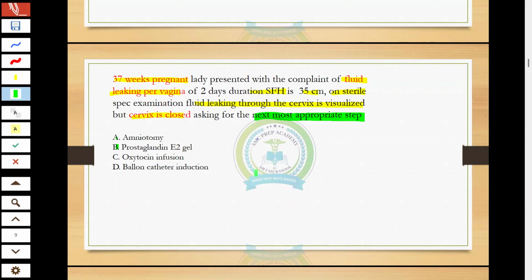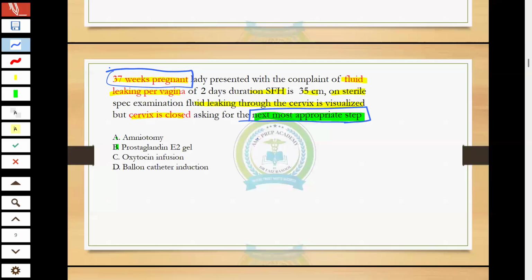So, doctors, what do you think? In every question, you have to focus on the last line as well: what is the next most appropriate step? And focus on the age of the patient in every question.